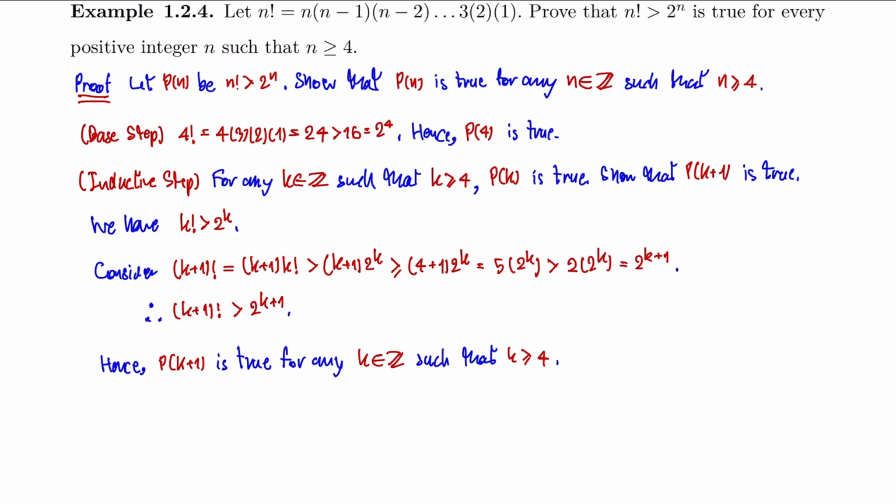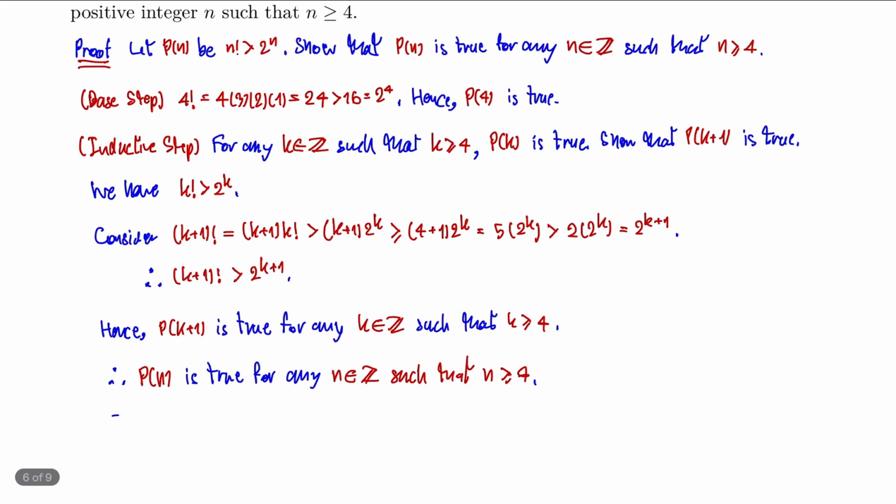Therefore we have proved P of n is true for any integer n such that n is greater than or equal to 4.